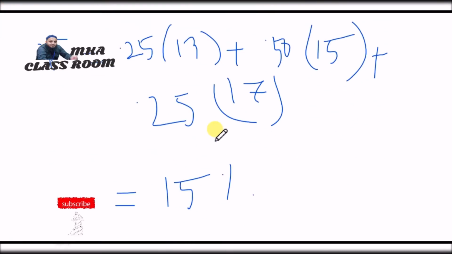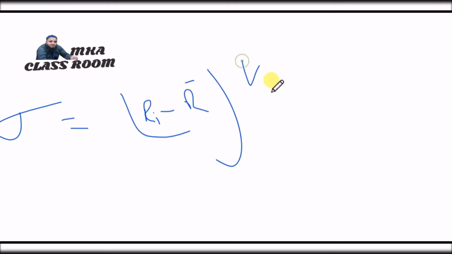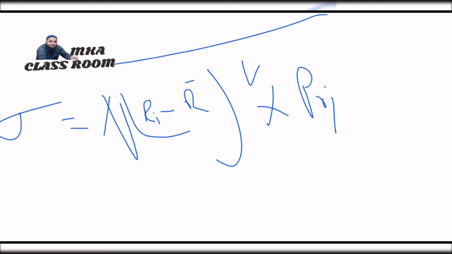Now the standard deviation for asset A. I am not going to write down the formula, so you have to write down the formula and do it in the exam in a proper manner. I just try to make you understand. So here we will see the formula: square root of the summation of (Rj minus R bar) whole square into Pr j.